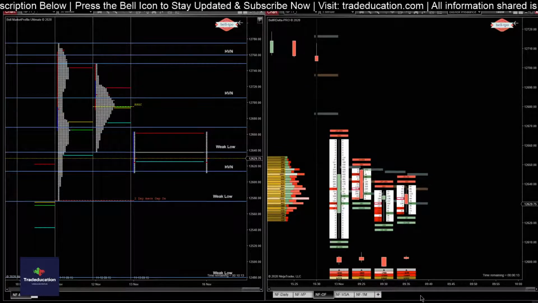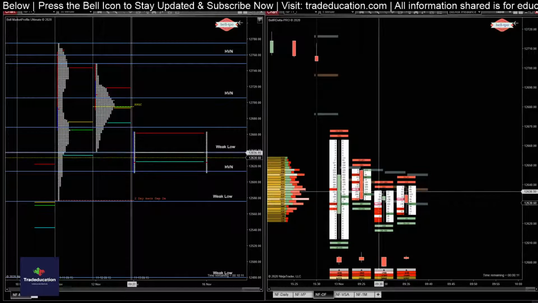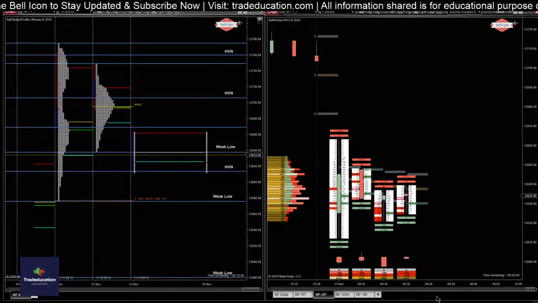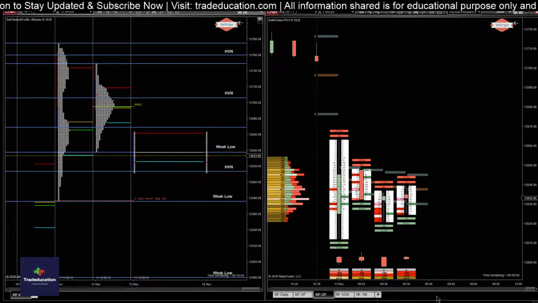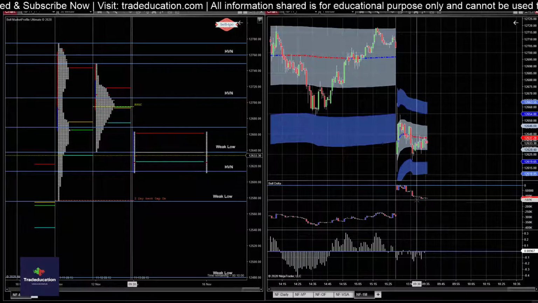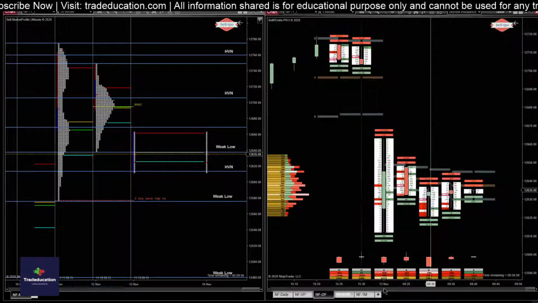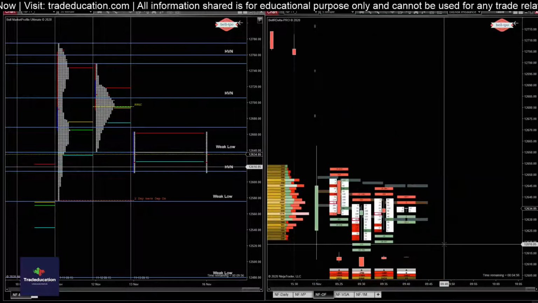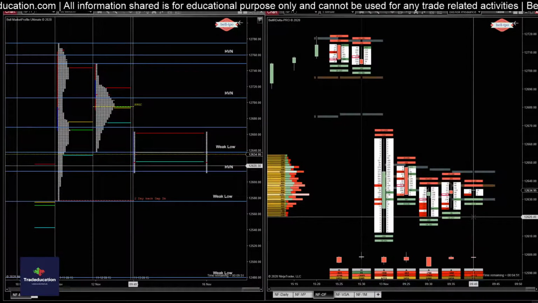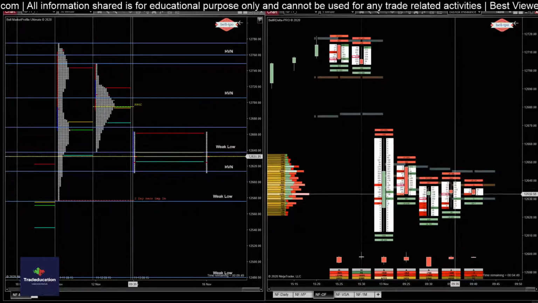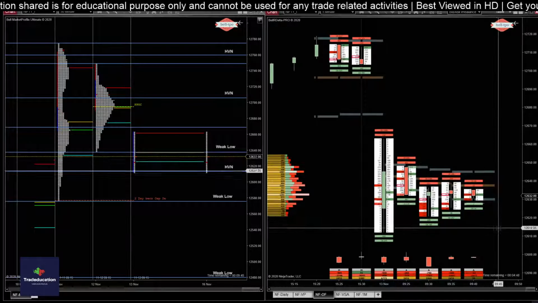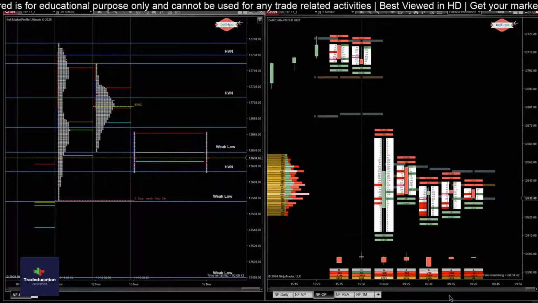We are seeing multiple rejections at VWAP. So we saw rejection here, we are seeing rejection here. Delta is turning sideways now. Okay. So yeah, for 1,600 contracts traded, negative delta, negative candle. So now we should see some push from sellers and try to tag the low.